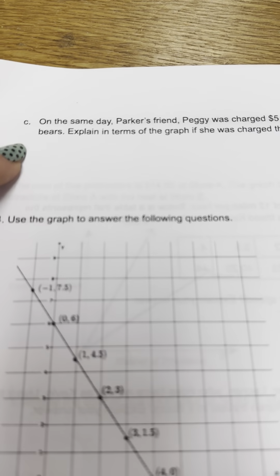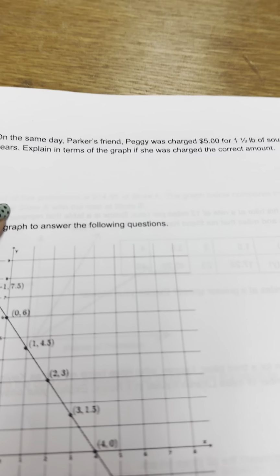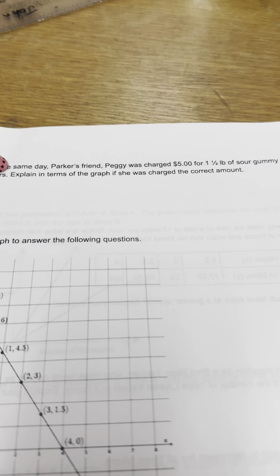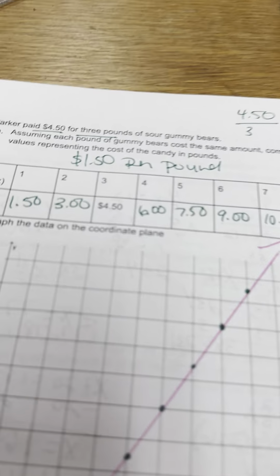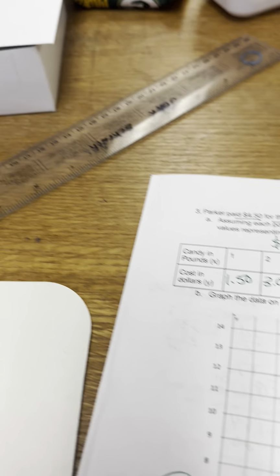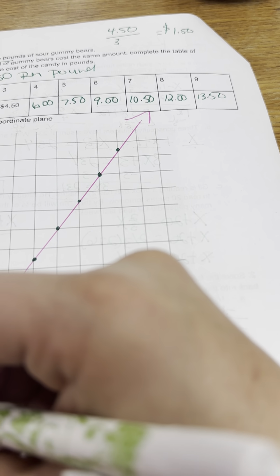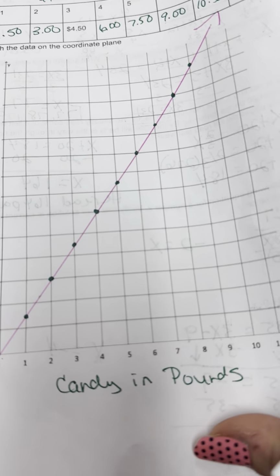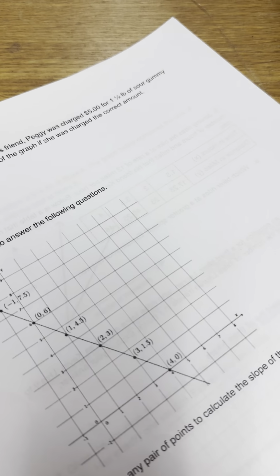All right, on the same day, Parker's friend Peggy was charged $5 for 1.5 pounds of gummy bears. Explain in terms of the graph if she was charged the correct amount. So I need to come back over and I'm going to find 1.5 pounds and $5. If I come over and look for 1.5 pounds, which is right about here, and I go up to see where the graph hits, that looks to be about 3 1/4. So she was charged too much.